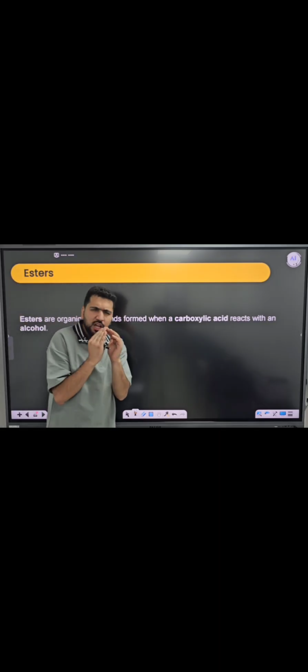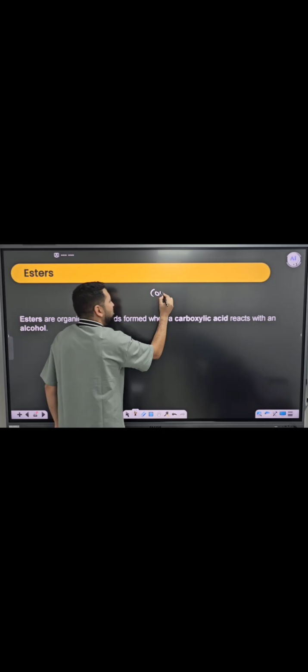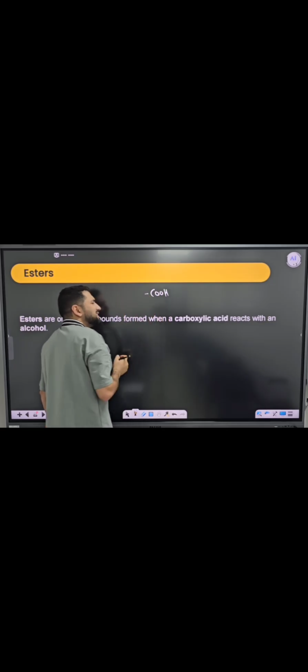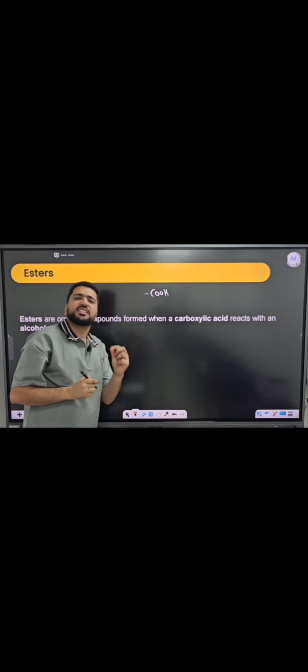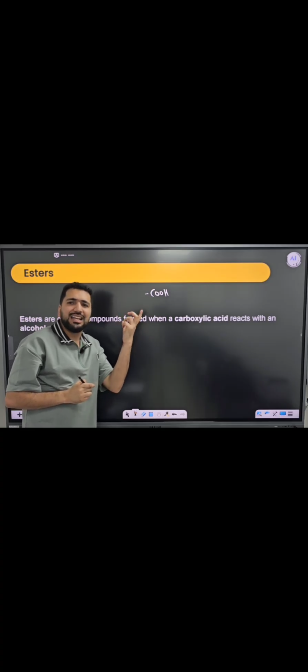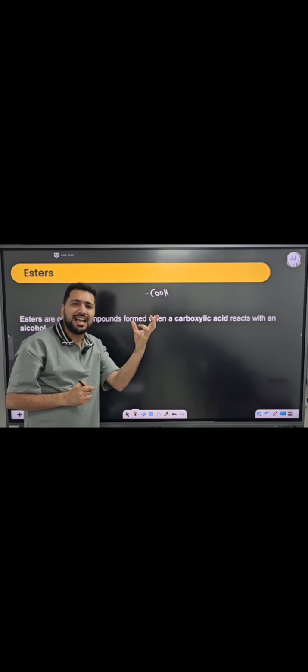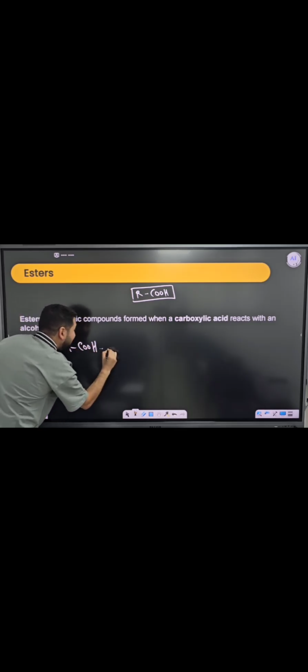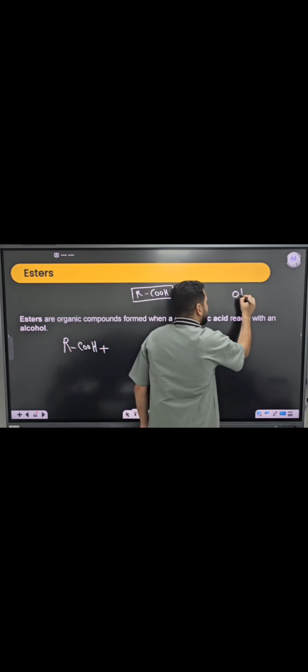If you remember, a few minutes back I told you carboxylic acids contain COOH, and this is attached with CH3, C2H5, that I name as methyl, ethyl, propyl, butyl, pentyl, hexyl. I'll be representing that with R, right? That will be the general representation of carboxylic acid. These carboxylic acids react with alcohol.